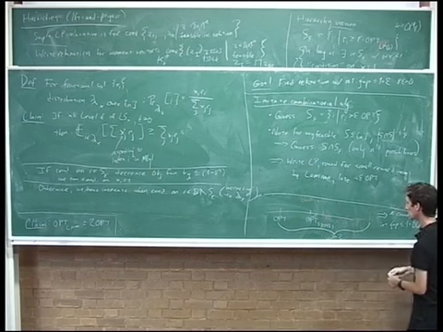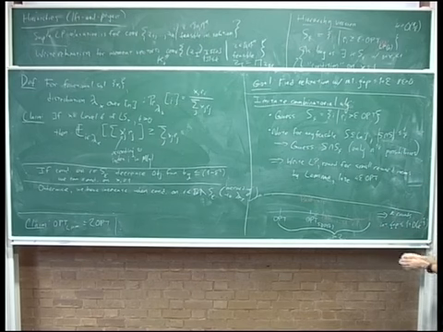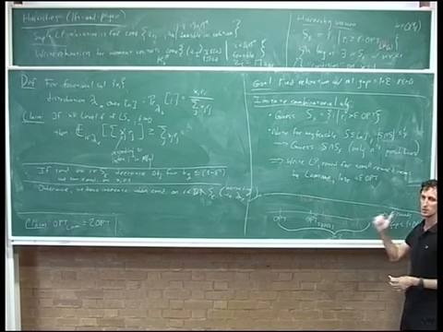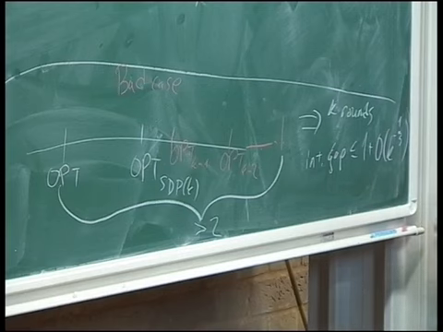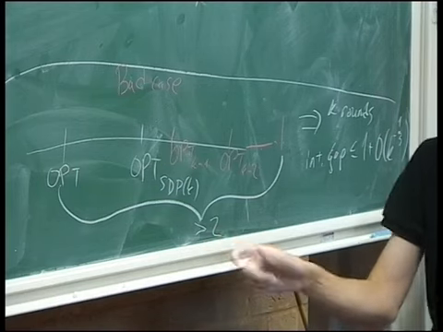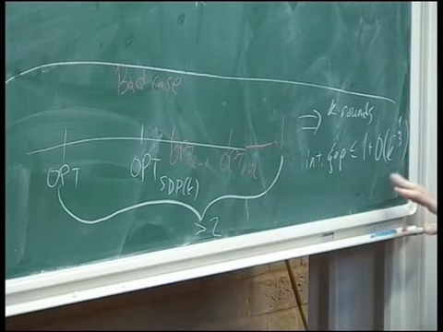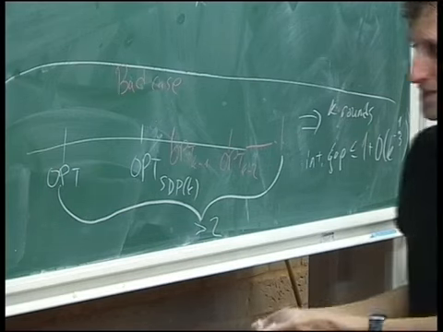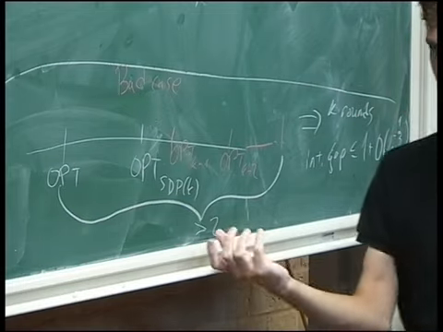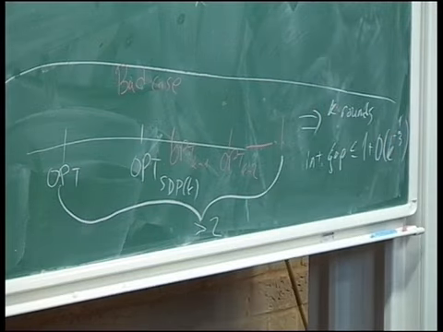You just use induction: let's say we have another k rounds we could use that we're not using, and we proved by induction that for k over 2 rounds, the integrality gap is at most 1 plus order 1 over square root k. Then that will give us a contradiction much sooner, because we don't have to grow until the gap is 2, we can grow until the gap is 1 plus order 1 over square root k, and that actually makes sense, right? Now you don't have this disconnect between what you're using and what you're proving, and it's much neater.